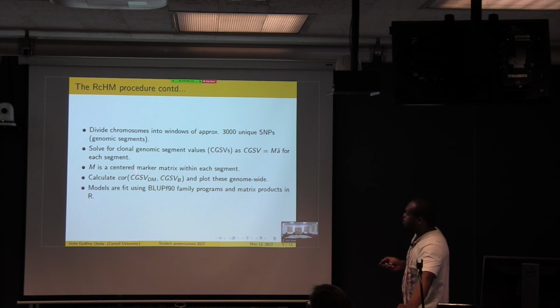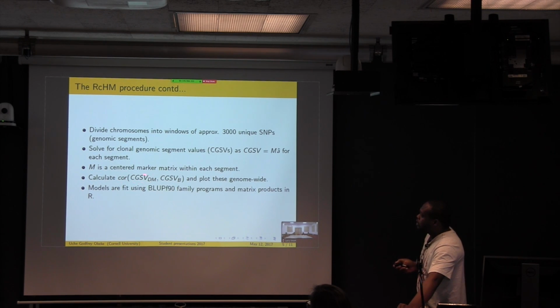Then we correlate the clonal genomic segment values for dry matter with the clonal genomic segment values for the b trait. And this is how we get the correlation for each segment. So these were modeled using BLUPF90 programs, and other matrix computations were done in R.